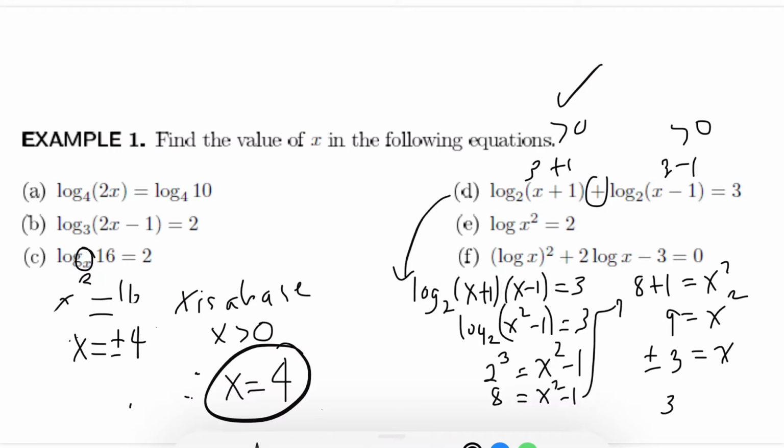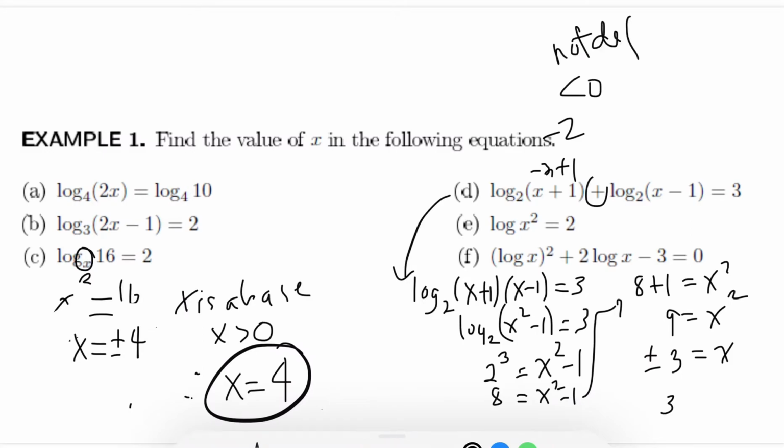How about negative 3? Negative 3 plus 1 will become negative 2, which is less than 0, so not defined. Since this is not defined, we will not consider negative 3 as our solution. So 3 will be our only answer in the solution set.